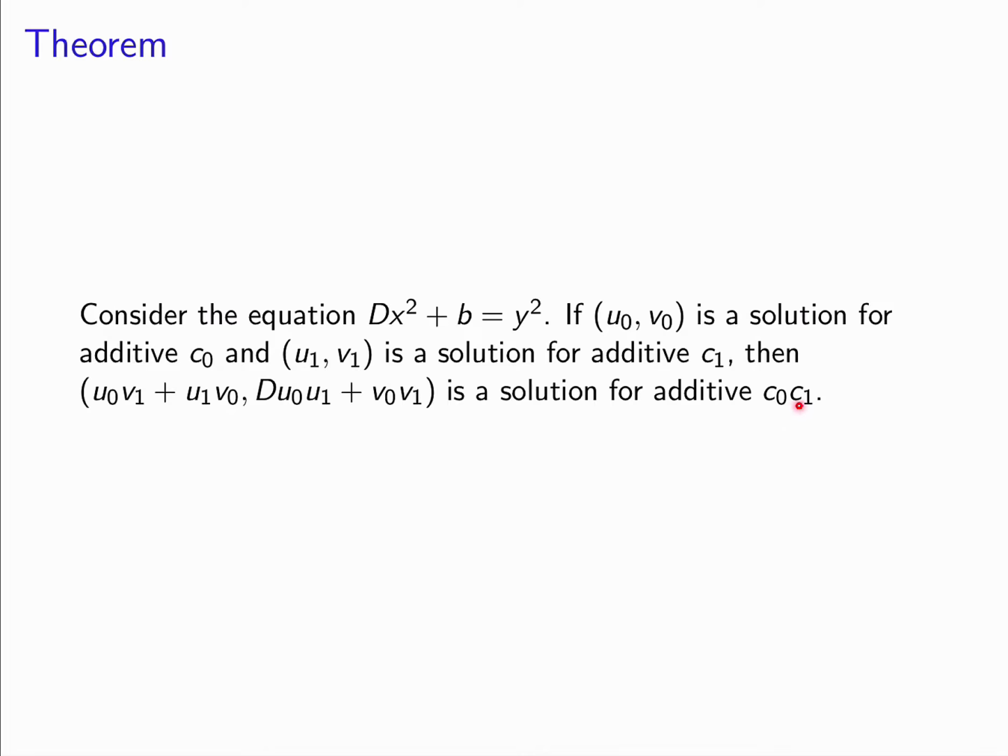So the idea is if we have a solution, we can use it to generate more. Oftentimes, this solution and the second solution will actually just be the same solution, and we're composing it with itself here. So let's work a few examples using Brahmagupta's method.